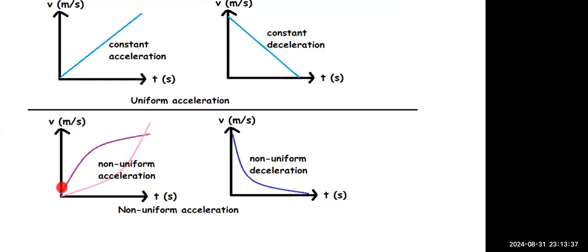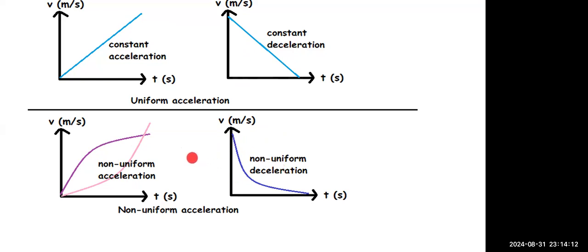If you look at the next purple color line, it is gaining more speed, and then its speed is decreasing a little bit. So this is a non-uniformly accelerating graph. This one is a little bit similar, but this is constant deceleration, and this is non-uniform deceleration.